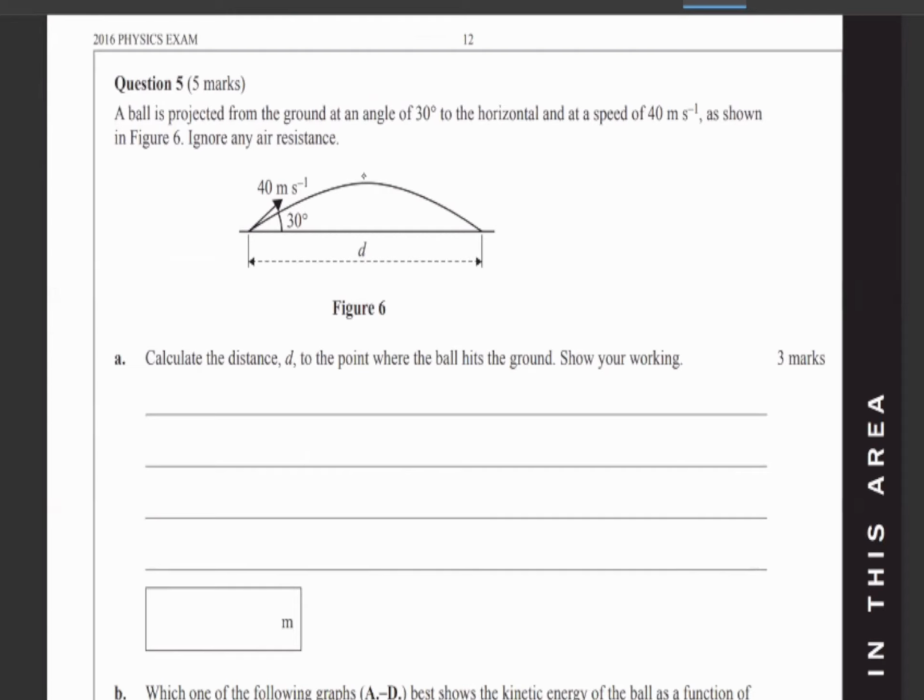Calculate D when the point hits the ground. Angle of this with the speed of that. So we can use, and we know the velocity for the vertical component is, acceleration is just g.